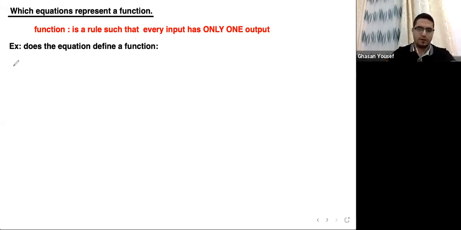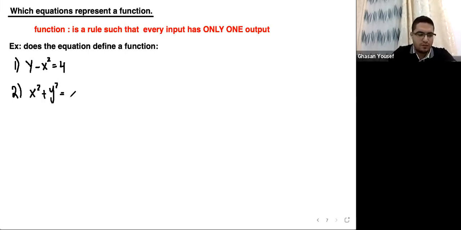For the first one, number 1, I have the equation y minus x squared equals 4. And for the second one, x squared plus y squared equals 4. Okay, let's do the first one, and then we're going to do the second one together.